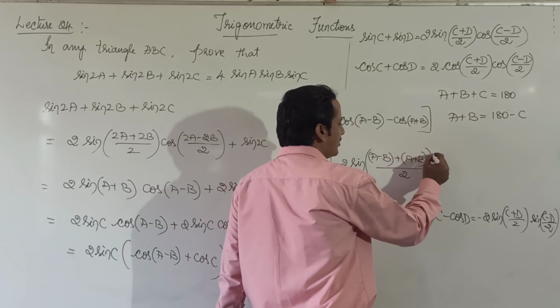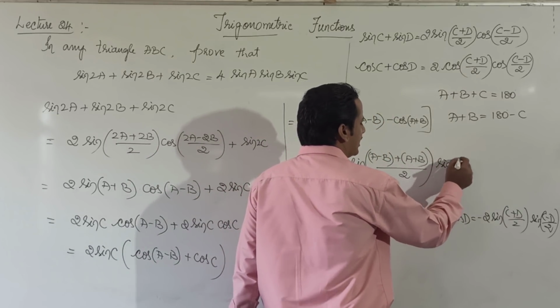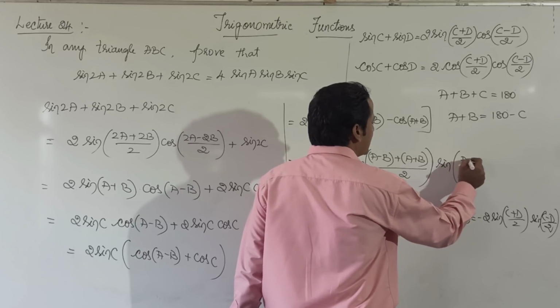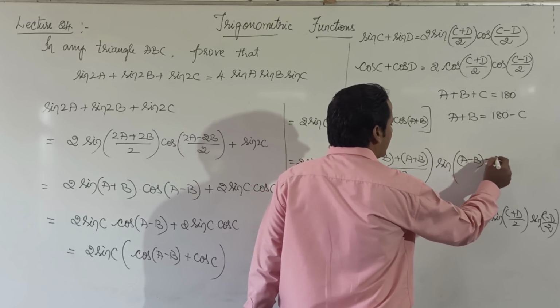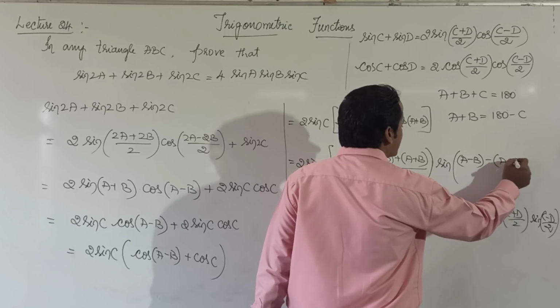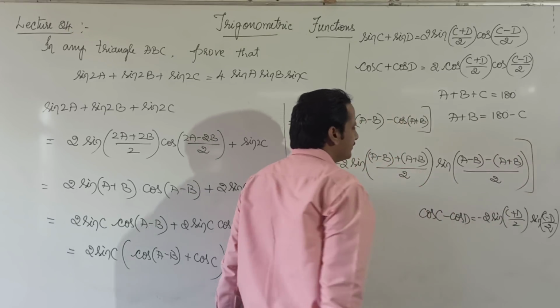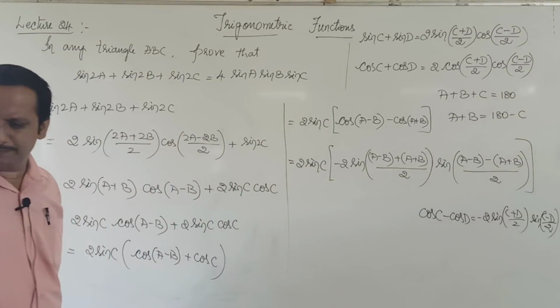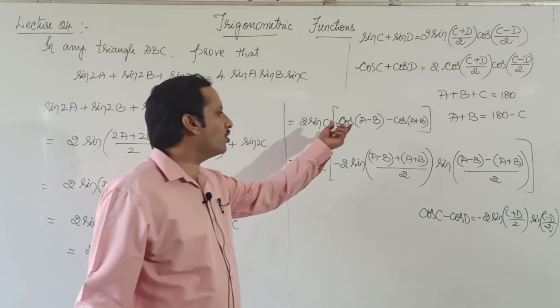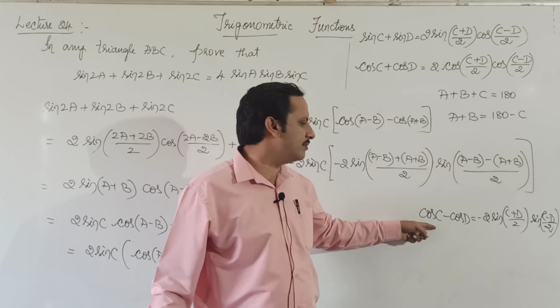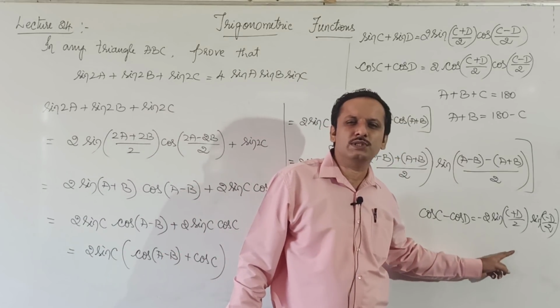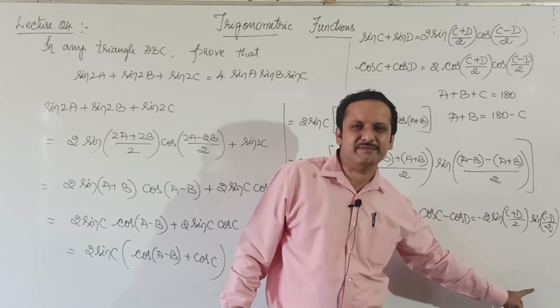What is sin C minus D by 2? C is A minus B minus D, that is A plus B divided by 2. See, I am using the formula cos C minus cos D is equal to minus 2 sin C plus D by 2 into sin C minus D by 2.